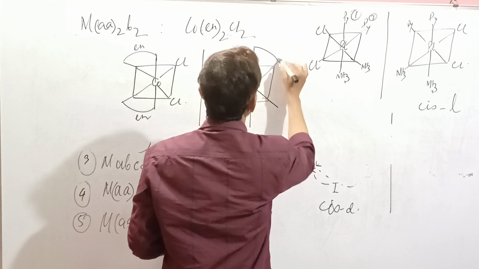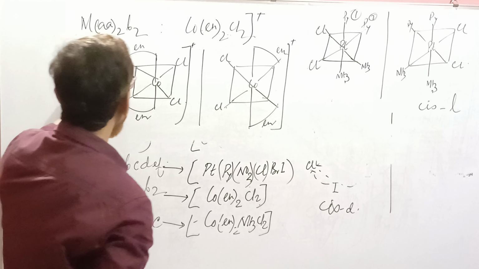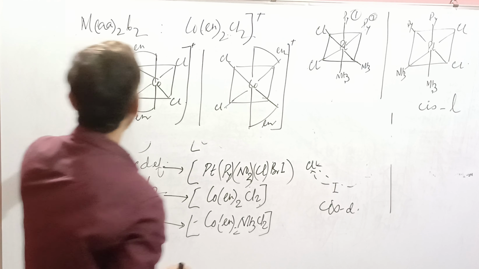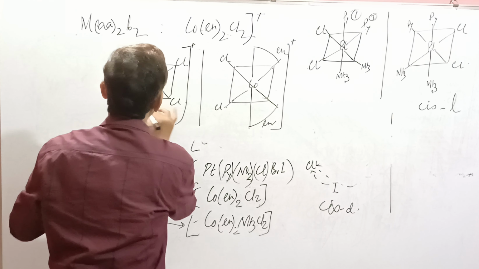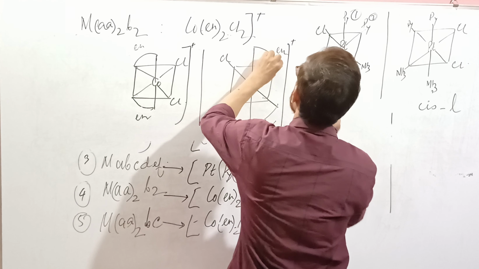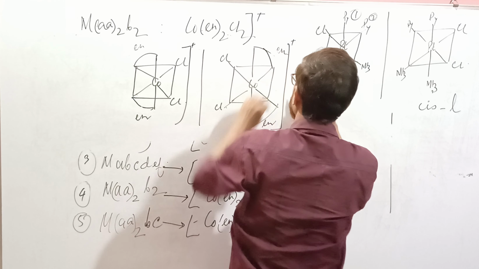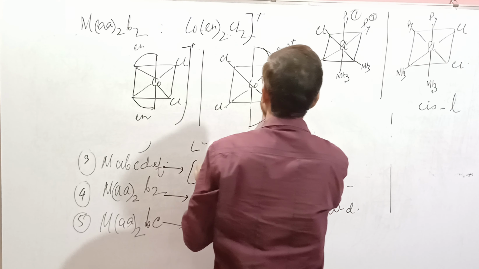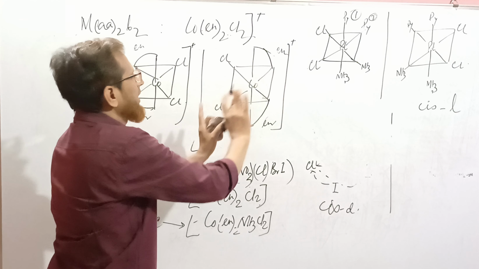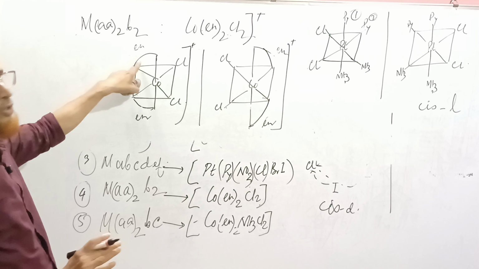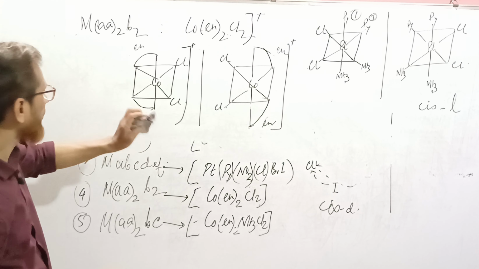It is a cationic complex. So you see, I have arranged it like this. You can write it in this way also. Here en was in this position, that en has gone to this side and chlorine has come to this side. So this may also be written in this way.